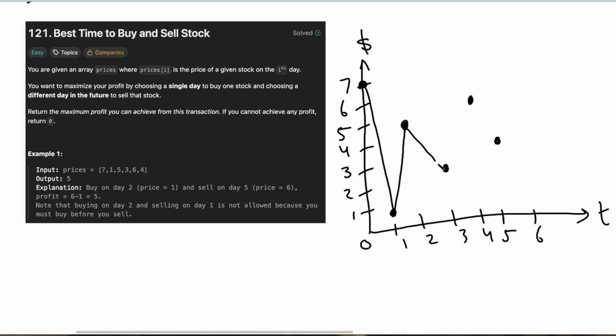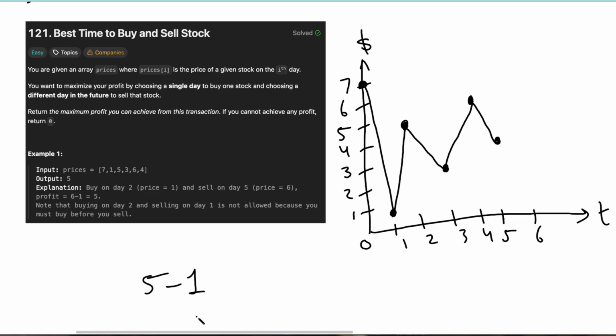And what's particular about buying and selling stock? To make a profit, we need to buy low and sell high, for example. And we can make multiple of these transactions. So the way the problem is solved for this example is we buy here and sell here. So we make a profit of 5 minus 1.